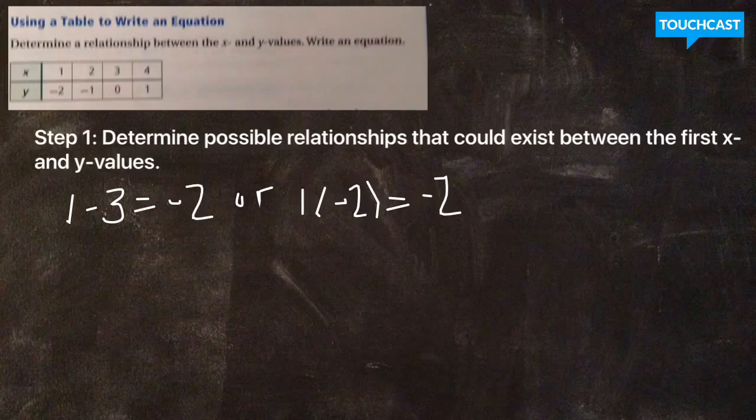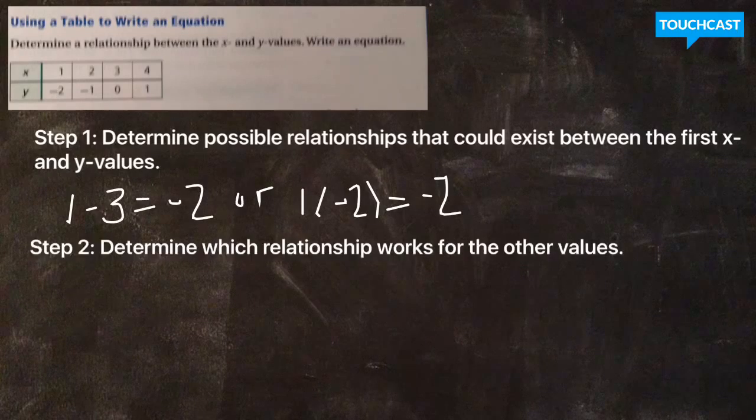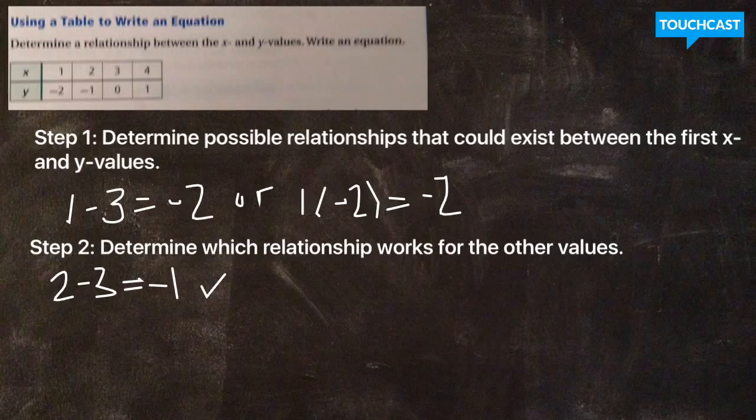But step 2 is we need to determine if one of these relationships works for the remaining values or if the other one doesn't. So let's try that. Let's start by testing both relationships with our second x value. If we go 2 and we subtract 3 from it, that does equal -1, which is the value we want.